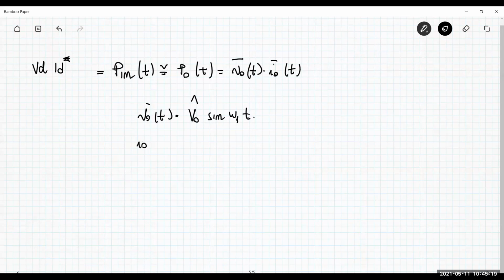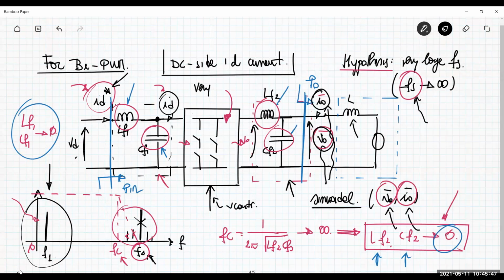What about I naught? I naught is again a sinusoidal with a peak value and a sine wave at frequency f1, but we also have a phase angle because the current lags the voltage. We have a phase difference due to the fact that my load is not a resistance. The load has inductance inside, especially if you have a motor.